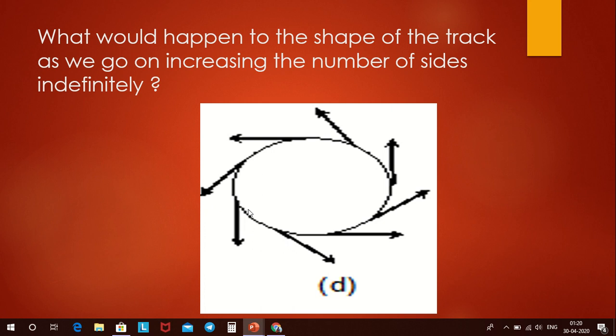So if an object is located at this point, the direction of motion is this. If it moves to this point, the direction of motion is this. So this way the direction of the object is changing at every point when it is moving around a circular path.